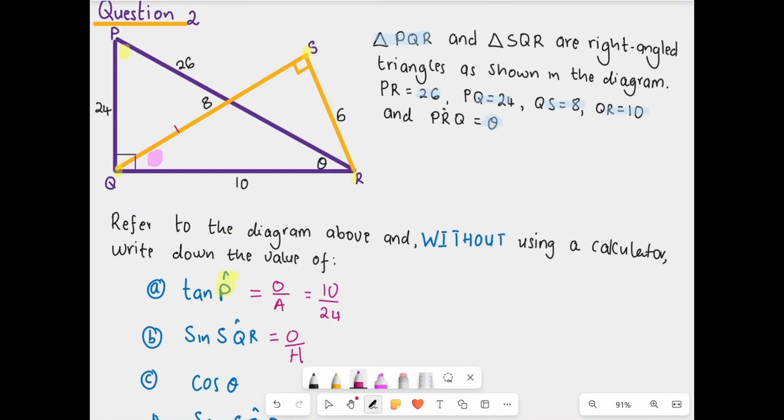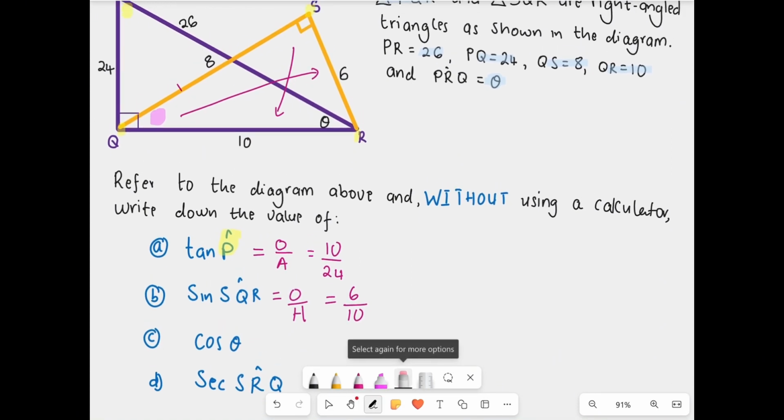From that angle, we can see that the opposite side is equal to 6, divided by the hypotenuse. Remember, hypotenuse is always opposite to 90 degrees. So my hypotenuse will be 10. So it will be 6 over 10. Okay, let's go to the next question.